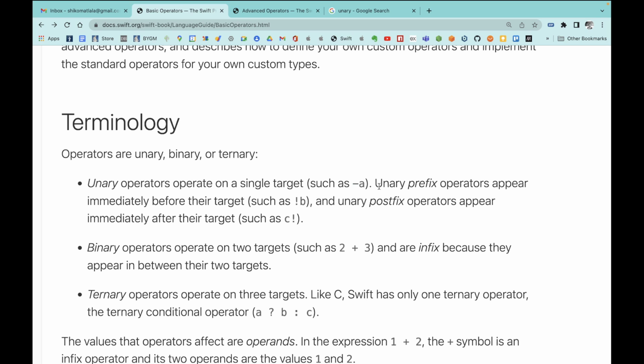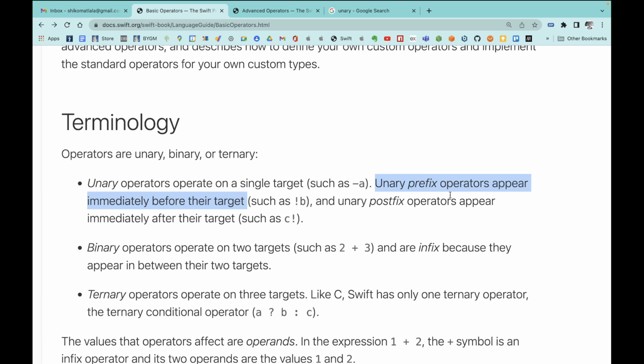Unary prefix operators appear immediately before the target. Okay, so within unary operators, we have prefix. We have unary prefix operators that appear immediately before a target.